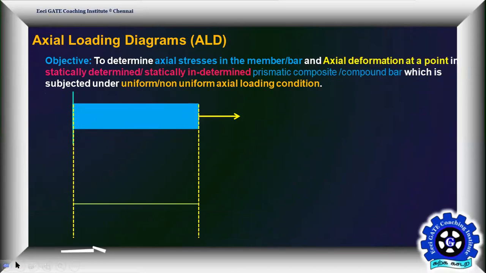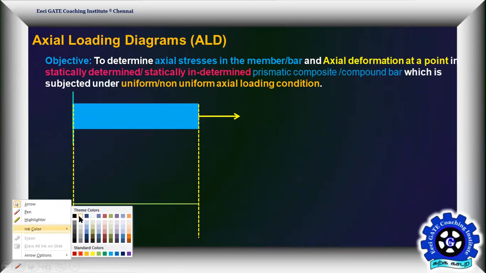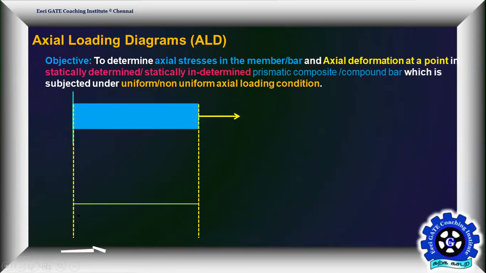Axial loading diagram. First we need to observe it, then we can start drawing the figure. The load acting here is P, and here it is fixed.